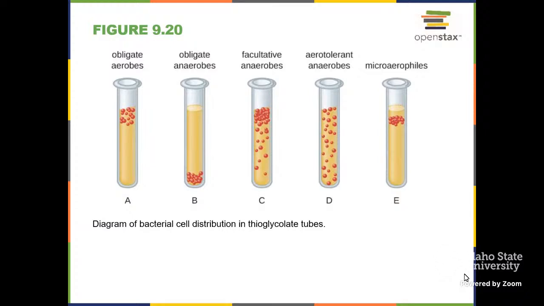So this one shows more even dispersion throughout. And then the microaerophiles can't tolerate high levels of oxygen, but they also like a little bit of CO2, not full oxygen, but not really depleted either. So they're not right up at the surface, but just a little bit below it, giving us a perspective on what sorts of habitats some of these organisms could thrive in.